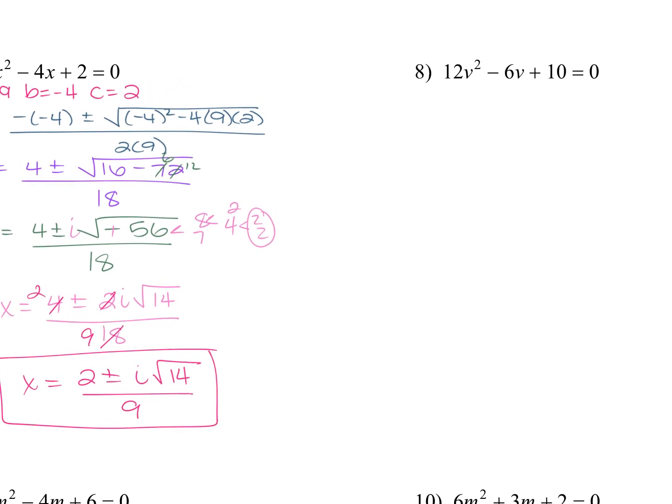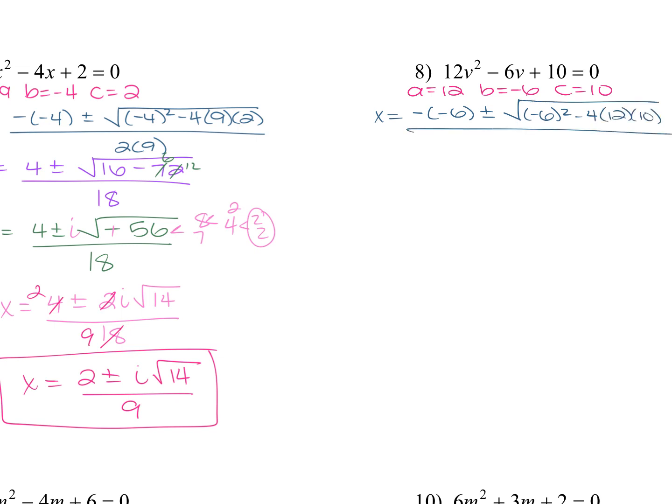For 8, you have 12v squared minus 6v plus 10 is equal to 0. So again, A is 12, B is negative 6, C is 10. This is going to give us x is equal to the opposite of negative 6 plus or minus the square root of negative 6 squared minus 4 times 12 times 10 all over 2 times 12.